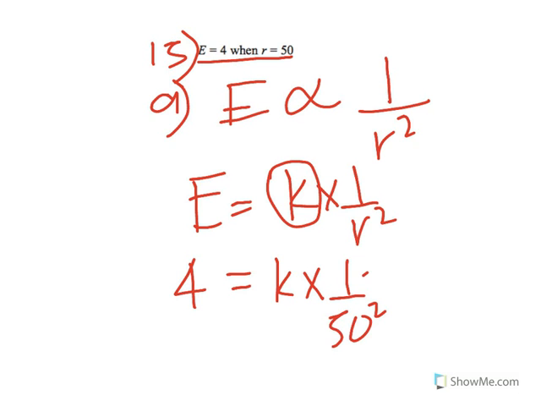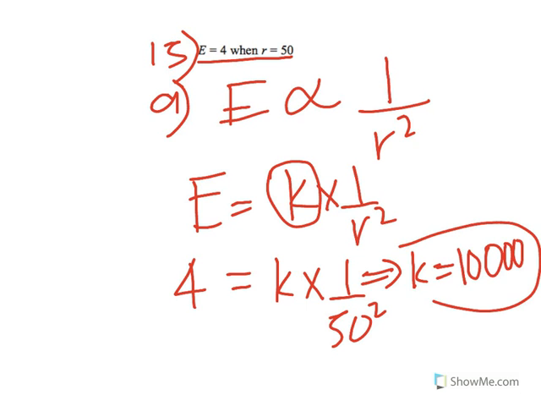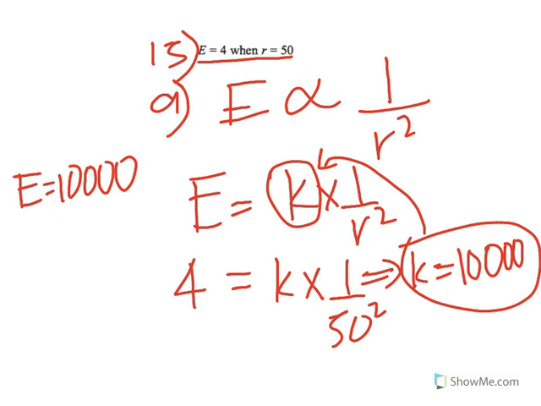We're going to get K is equal to 4 times 50 squared, which is nothing but 10,000. So now we take this K value and we substitute it back into the equation to get a full equation. So we're going to get E is equal to 10,000 over R squared, because 10,000 times 1 is 10,000.